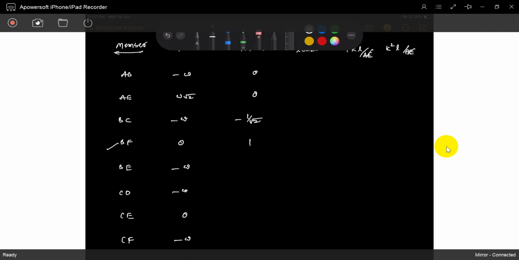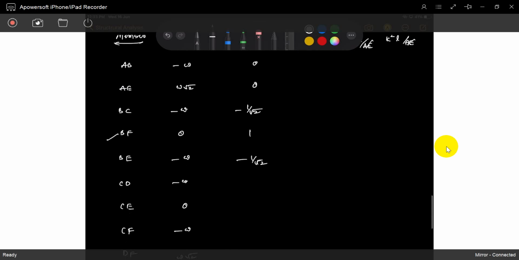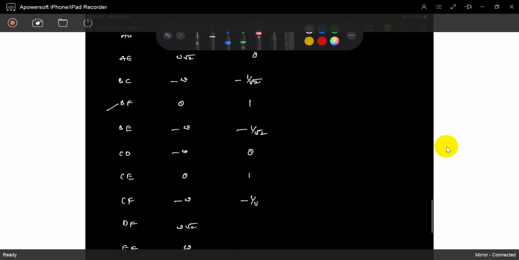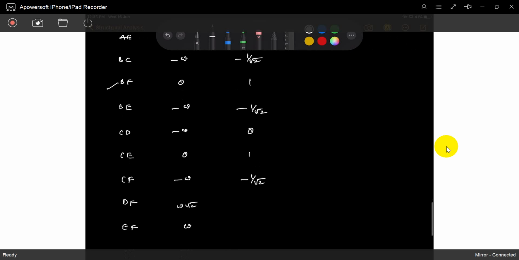Next time you will omit it. For BE, it's 1 by root 2. For CD, it's 0. For CE, 1. For CF, 1 by root 2. For DF, it's 0. EF, 1 by root 2.